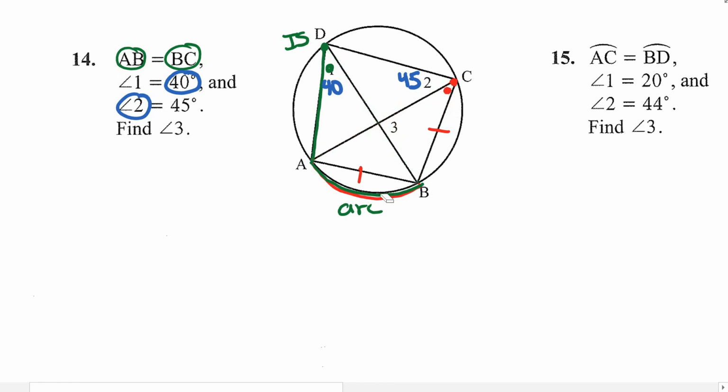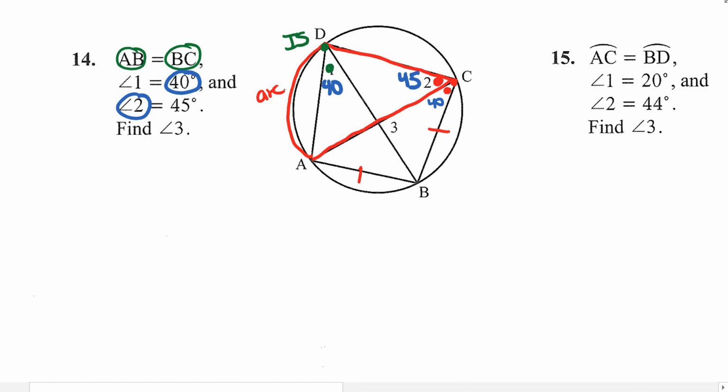After that, let me just erase all this. Okay, so that was going to be 40 degrees. After that, I would take a look at this inscribed angle, angle number 2, and if I open those sides up, it opens to this particular arc right there.